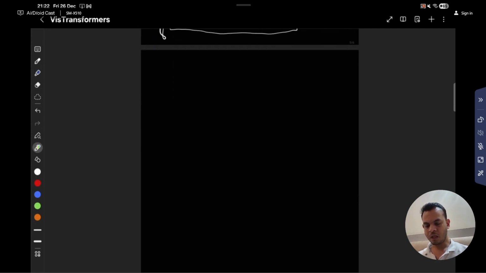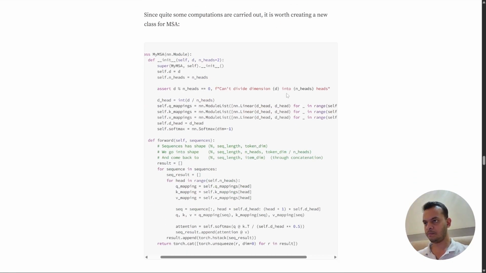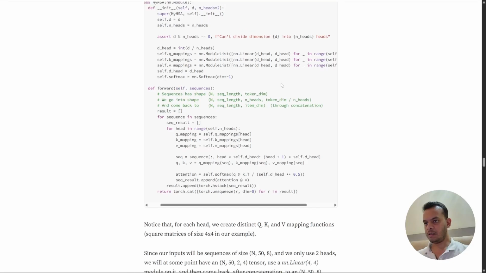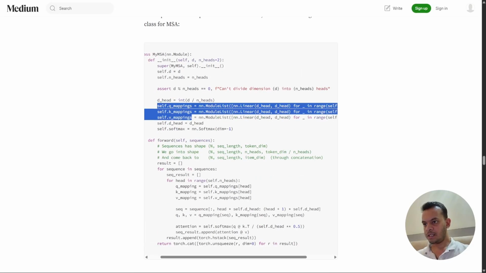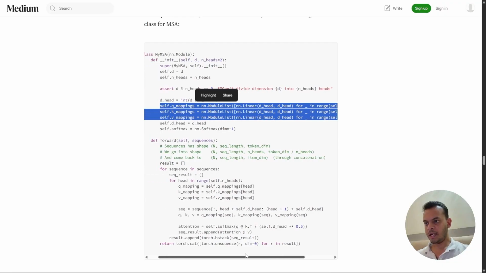If you see in this article, these three lines are what is actually creating the mappings.